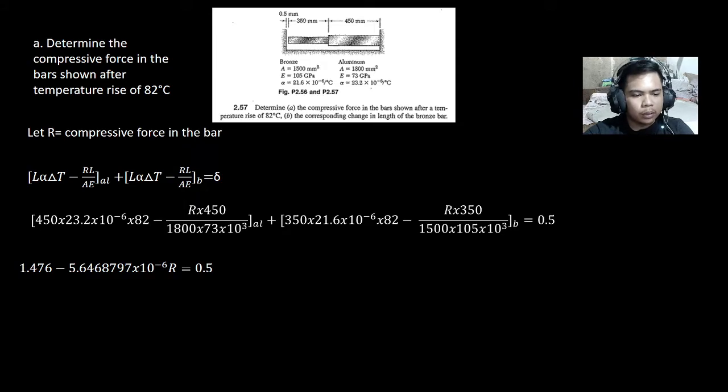And you have to transpose the R values and the 0.5 values so that it will be eliminated.